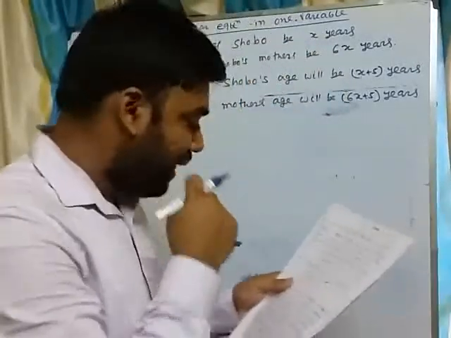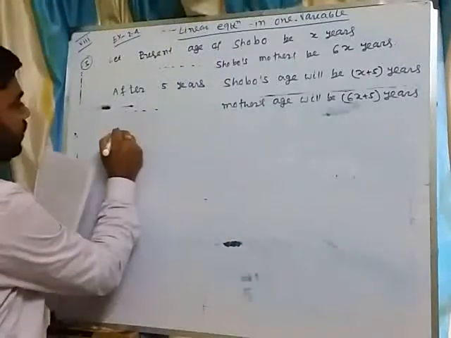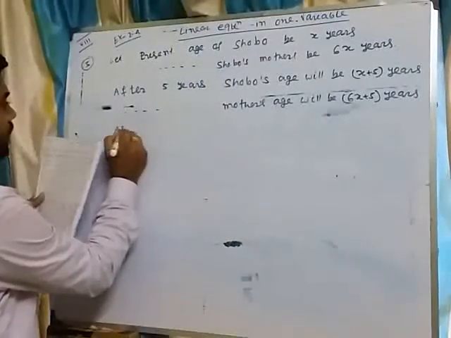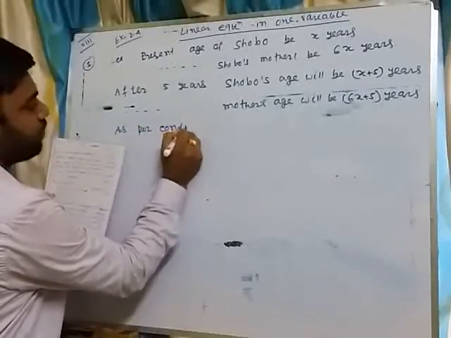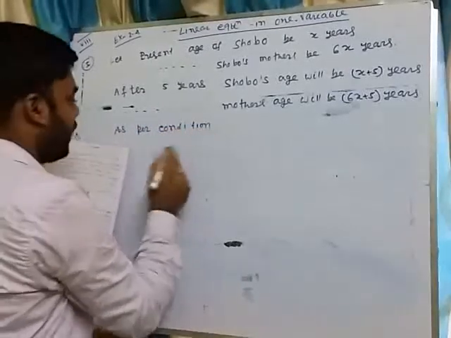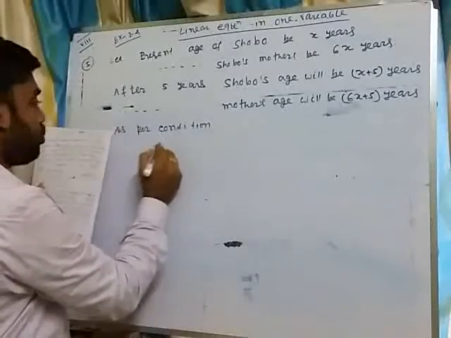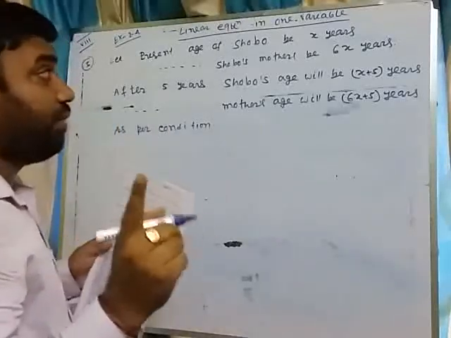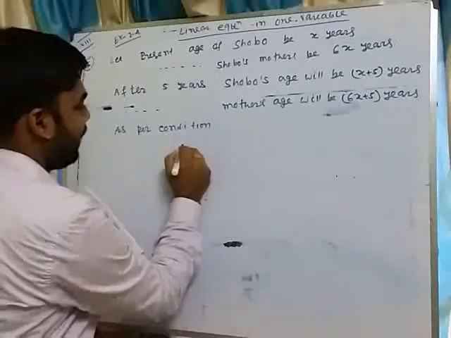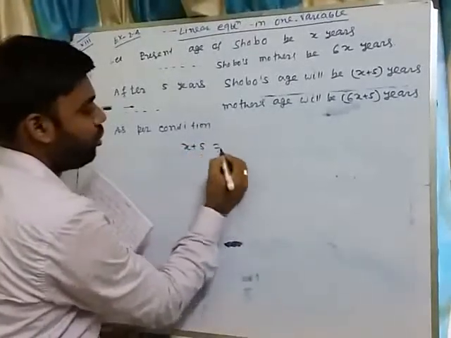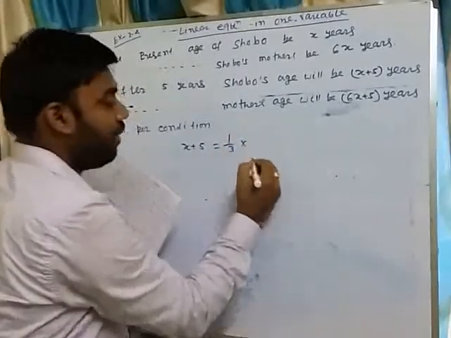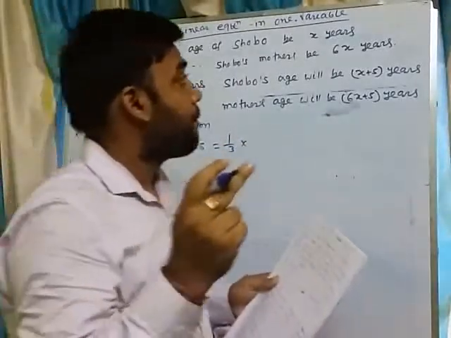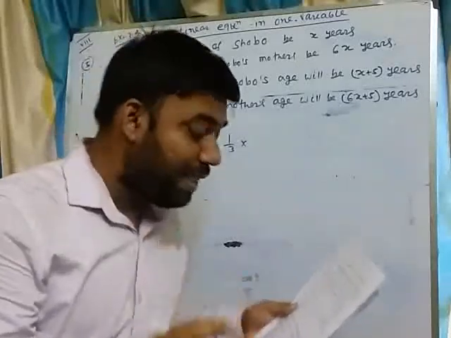According to the condition, Sobo's age after 5 years, that is x plus 5, is equal to 1/3 of her mother's present age.